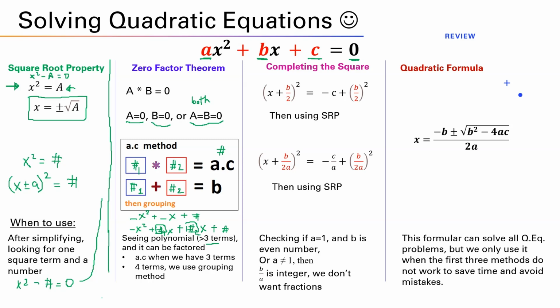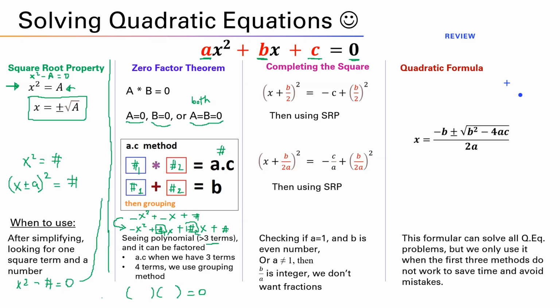So from 3 terms, we break it down into 4 terms and then group. Then we use the zero factor theorem, because we factored, right? It will end up as something multiplied by something equals 0. Now, just set each factor equal to 0 and solve for x.